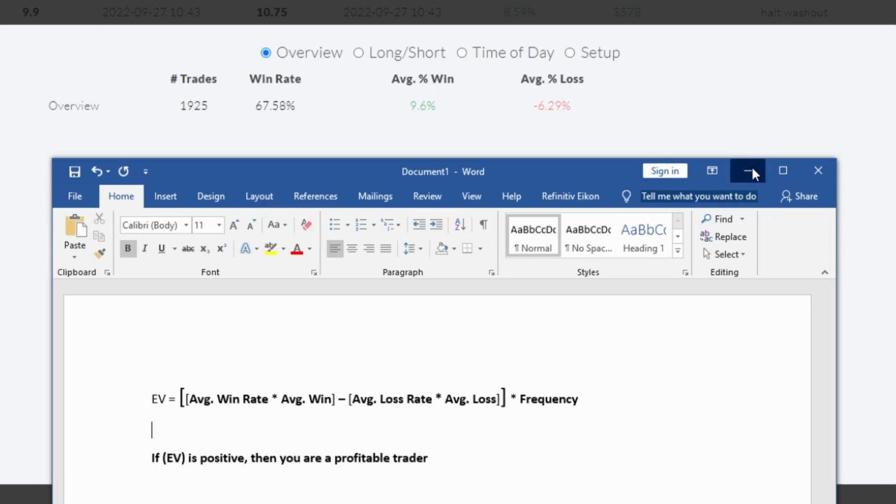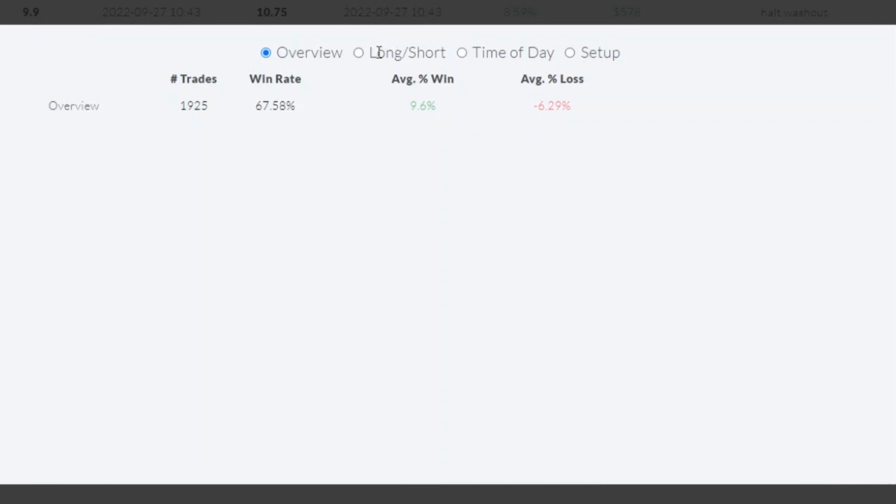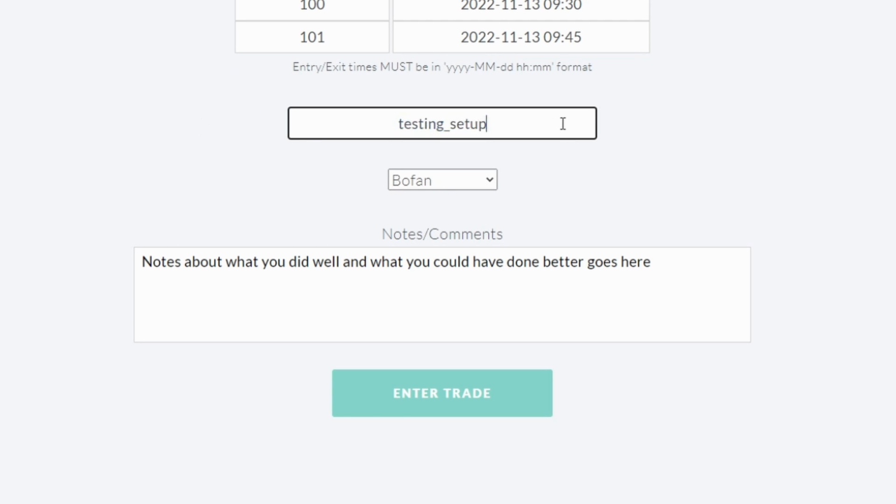This breaks the statistics down even by long and short, and it also calculates by time of day. But the most important is the setup radio button, because your entire system is comprised of multiple setups or strategies. This is why it's important to categorize your trading strategy and label it every time you enter a trade into the software script.